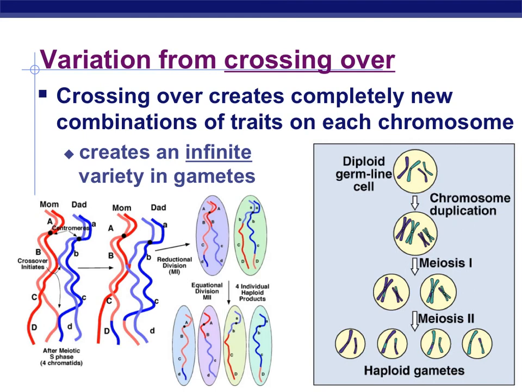On top of independent assortment, we also shuffle genes because of the phenomenon of crossing over. So we actually change the chromosomes. We haven't studied this a lot, but if you change the chromosomes, you are obviously changing the genes and the DNA that make up those chromosomes.